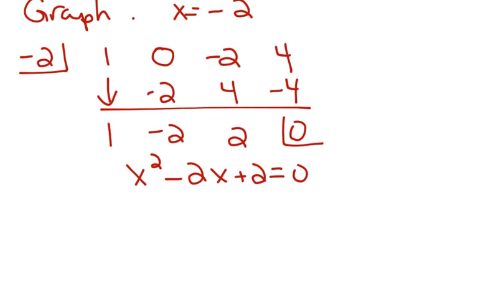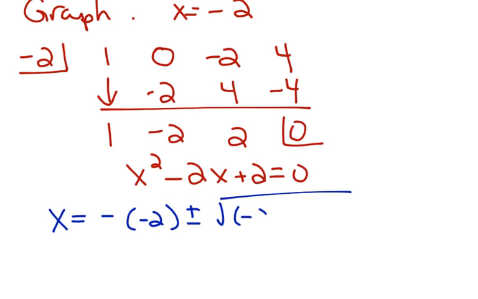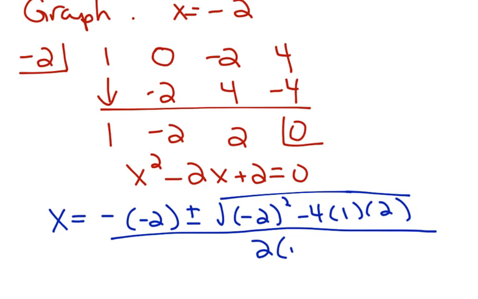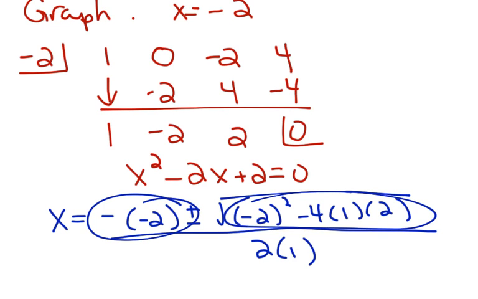So now to find the imaginary solutions, we're going to use the quadratic formula. So x equals the opposite of b plus or minus the square root of b squared minus 4ac, all over 2a. I like to simplify this in parts.